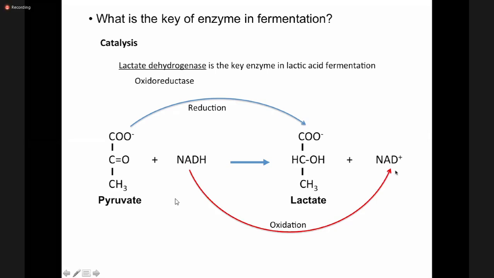NADH is oxidized to NAD plus, coupled with pyruvate reduction. So this enzyme reduces pyruvate to lactate, and also oxidizes NADH to NAD plus. Therefore, oxidation and reduction are completed.